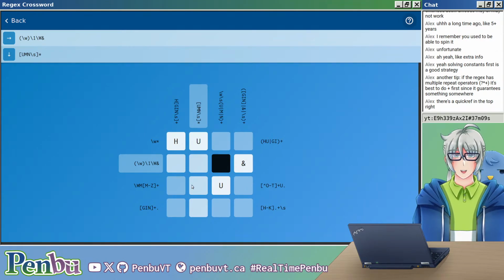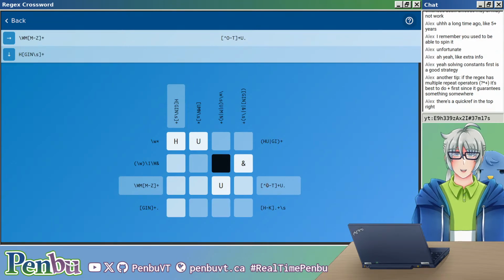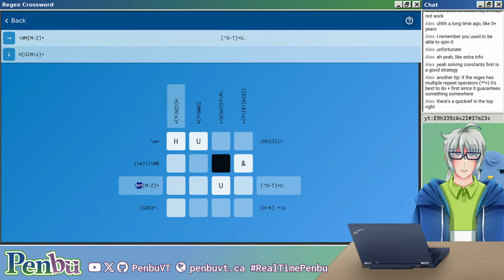And then it's nothing that's an O or anything between an O and T. I can get the alphabet right: O, P, Q, R, S, T. But this has to be a non-word character. And the only non-word character here is a space, so that has to be a space.